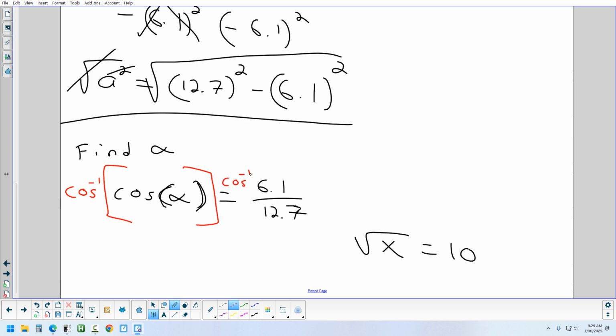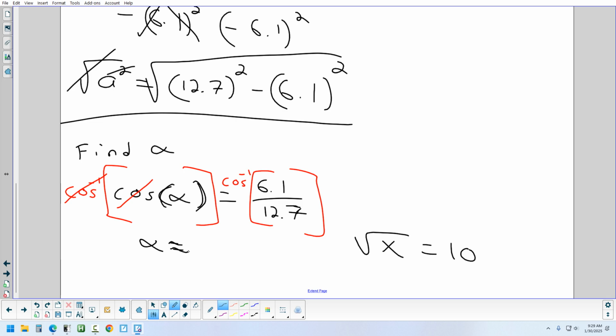I just put brackets on the left side because I already used parentheses as a grouping symbol for the argument. I could have just used a larger parenthesis, that's okay. Now, on the left, when you take the inverse cosine of the cosine, it's like taking the square root of the square. They cancel each other out. And now, all you're left with is alpha.